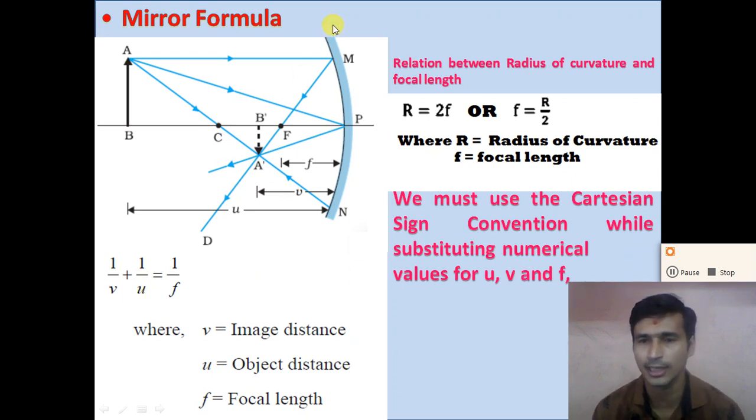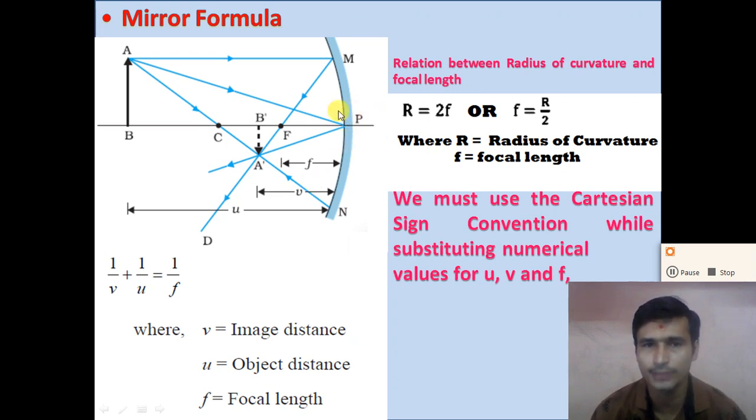What is the Cartesian sign convention for the concave mirror? For the concave mirror, the distance on the right side of the mirror we consider positive, and the distance on the left side of the mirror we consider negative.